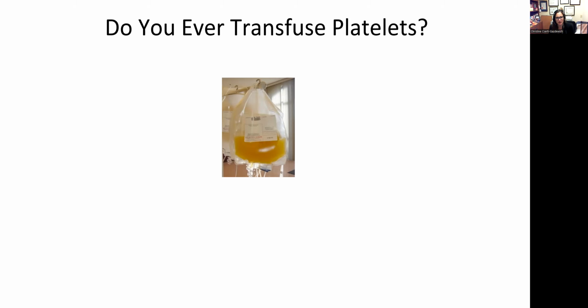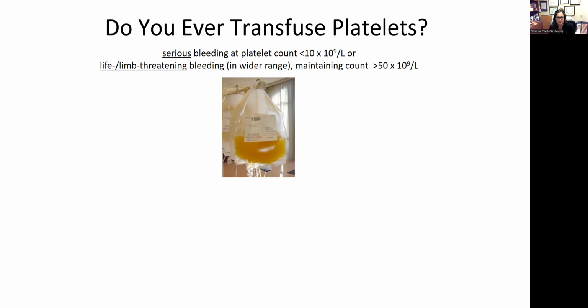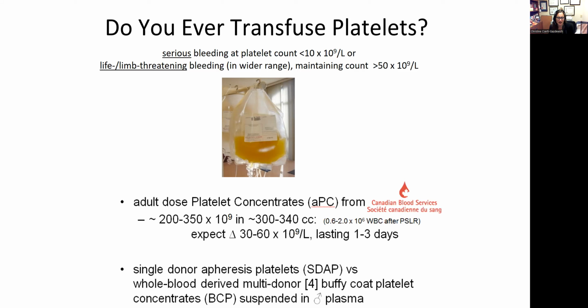Okay, so we reserve platelet transfusions for serious life or limb threatening bleeding. So don't do this casually. A patient who's prone to making platelet autoantibodies may also be prone to seroconverting to platelet alloantigens and becoming platelet transfusion refractory down the line. So we want to be very conservative with platelet triggering.